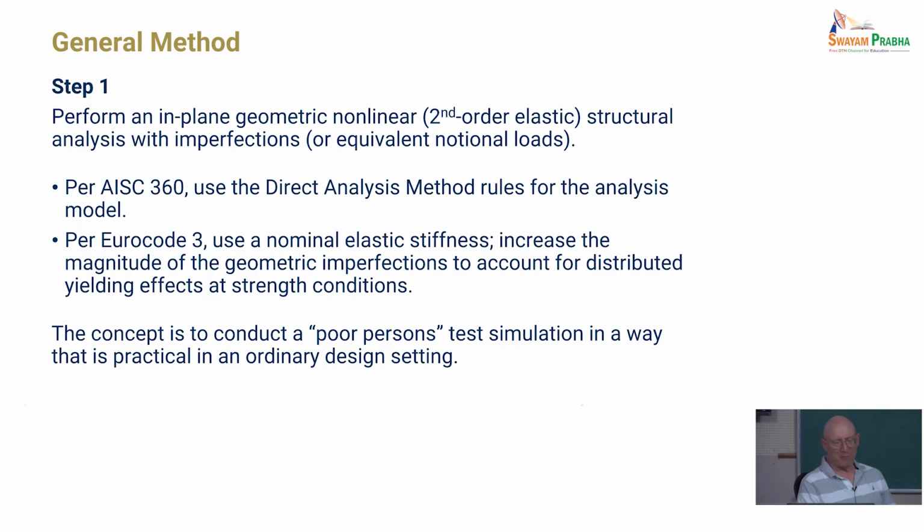And if we get into some other things, we might need to talk about out of straightness and so forth. Per Eurocode, it's nominal elastic stiffness. We increase the magnitude of the imperfections to account for the same things that in the US we're trying to account for via a stiffness reduction.